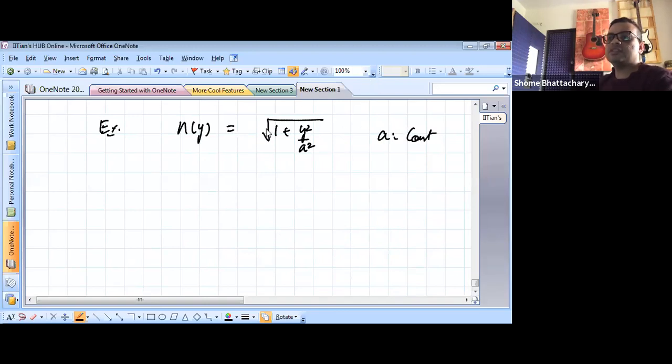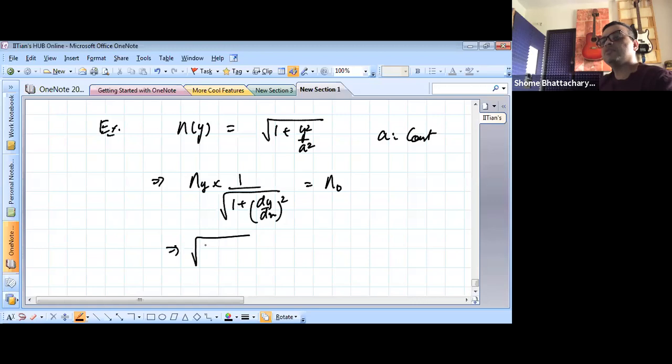Then you can see that the differential equation that we had, n of y into 1 upon square root of 1 plus dy by dx whole square is equal to n naught, becomes something like this: square root of 1 plus y square by e square.